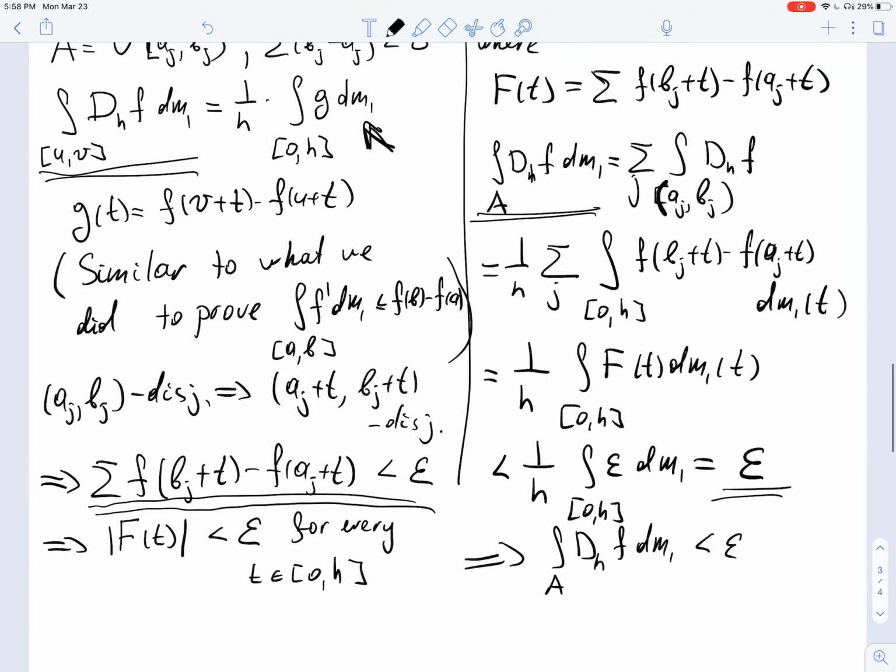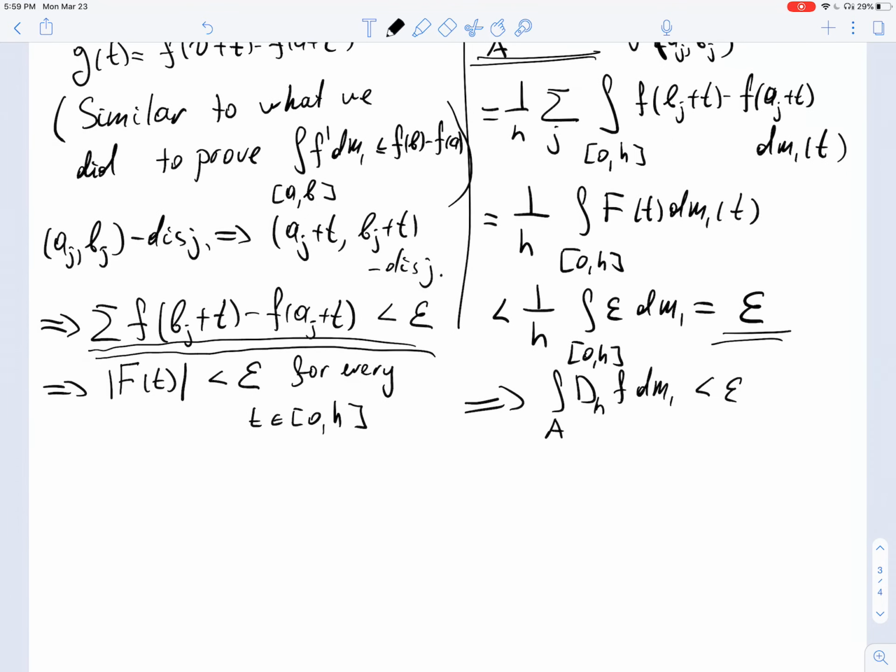Now there is one gap I have. An open set is actually an infinite union of disjoint intervals, and I've only done it for a finite union. But if you want to do it for an infinite union, it's equally easy because you just pass to the limit. If you have an infinite union, you take a sequence of finite unions, which is going to be an increasing sequence, and so you pass to the limit one more time. So we're done.